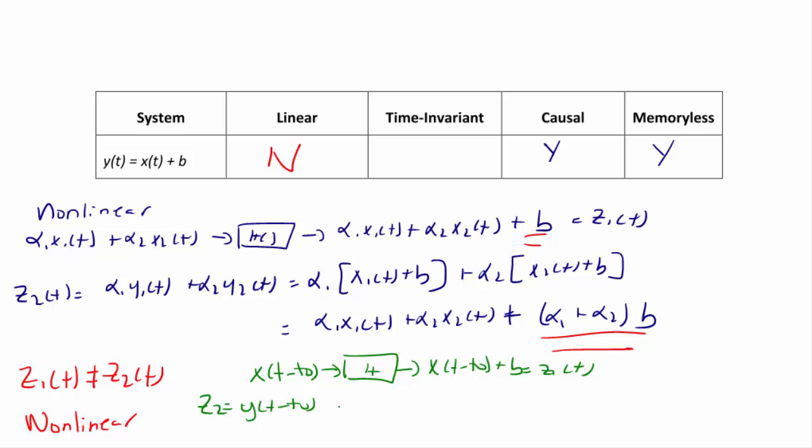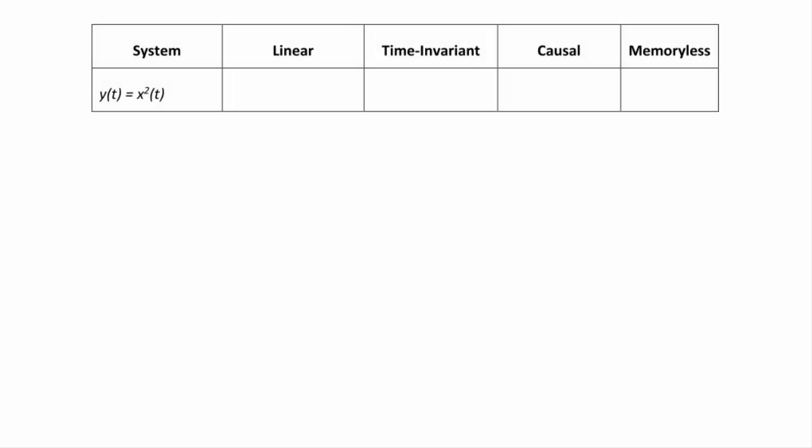So if you take the output x of t plus b and delay it by t naught, you have x of t minus t naught plus b. So in this case, z1 of t equals z2 of t. So we do have a time invariant system. So the answer for that part is yes.